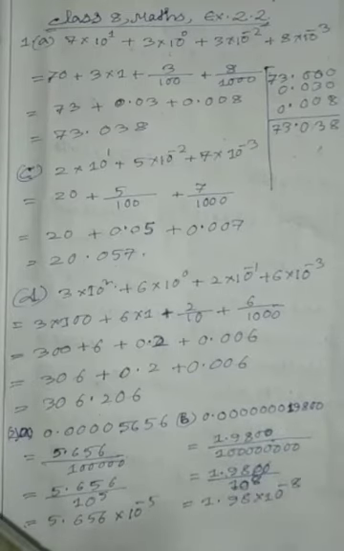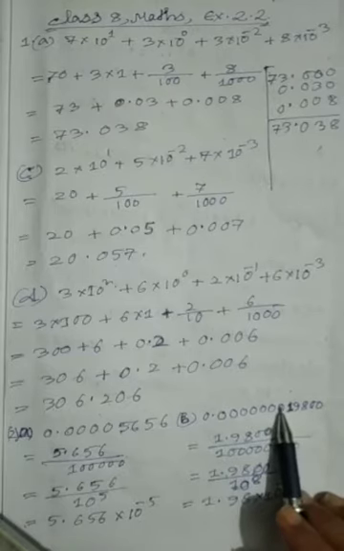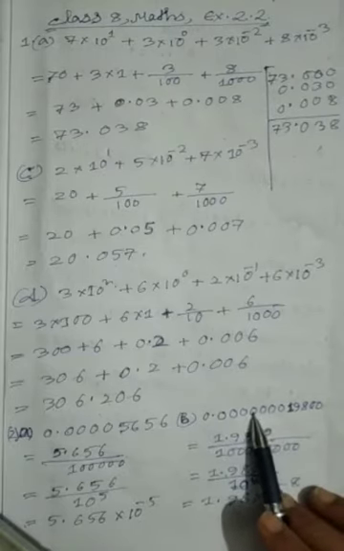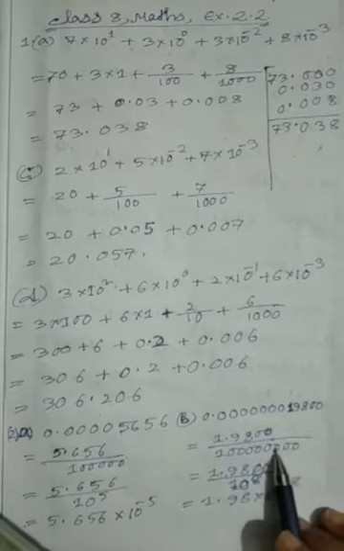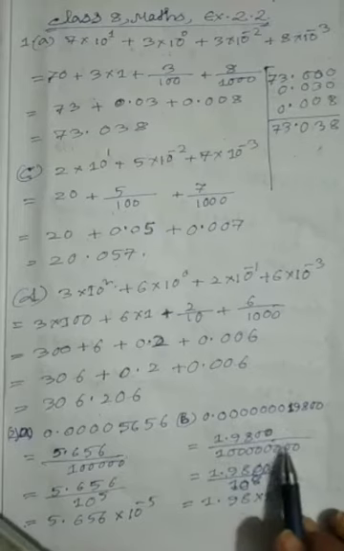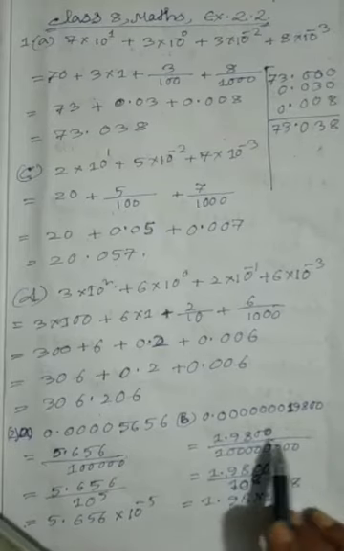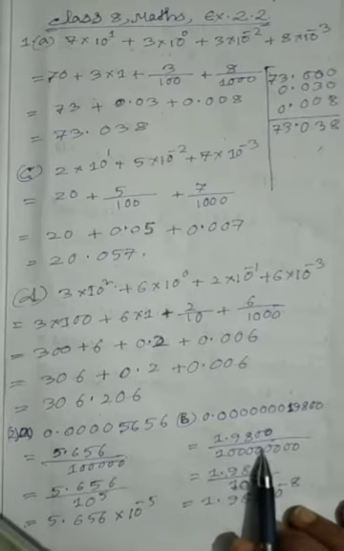How will it be the same? If you divide by, the point is here, 1, 2, 3, 4, 5, 6, 7, 8. So here 1, 2, 3, 4, 5, 6, 7, 8, 80. When you divide this number by this, the point will go to the left-hand side. You remember it: when you divide a number, the point will go to the left-hand side.